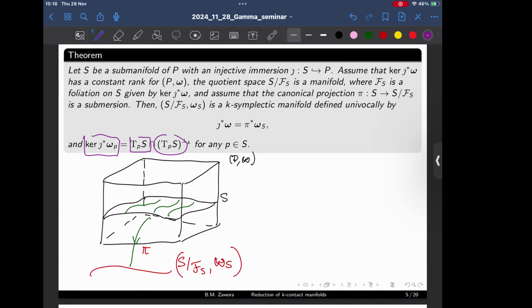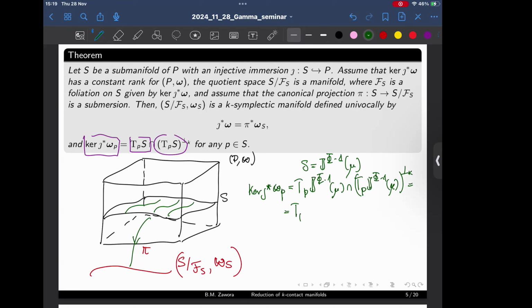Now in the standard k-symplectic Marsden-Weinstein theorem, we want to take S equal to J^φ to the -1 of μ, and get that the kernel of ω pulled back to P is equal to T_p(J^φ to the -1 of μ) intersected with its k-orthogonal, and we want this to be equal to T_p(G_μ · p).